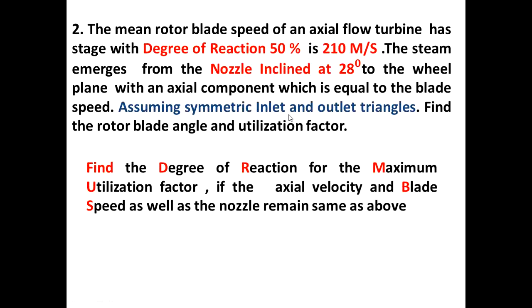Assuming symmetric outlet and inlet velocity triangle, find the blade angles and utilization factor. For maximum utilization factor, find the degree of reaction, if the axial velocity of the blade speed and the nozzle angle remain the same as above.